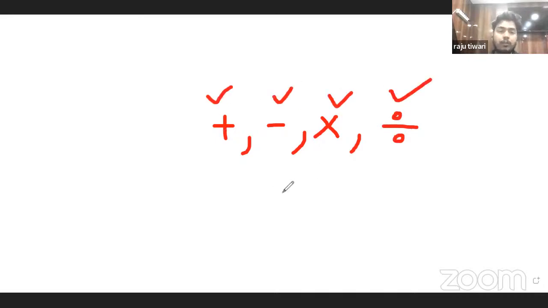These are the operators that we are going to use to add, subtract, multiply, or divide. Suppose I have two numbers like 4 plus 5 and I want to add them, I will use the addition operator, which is the plus operator. I have to store the answer somewhere, so I will create a variable result, in which I will store the answer of these two numbers.